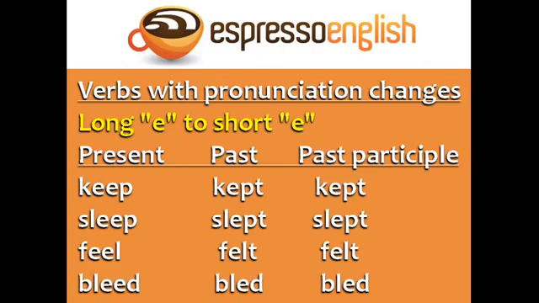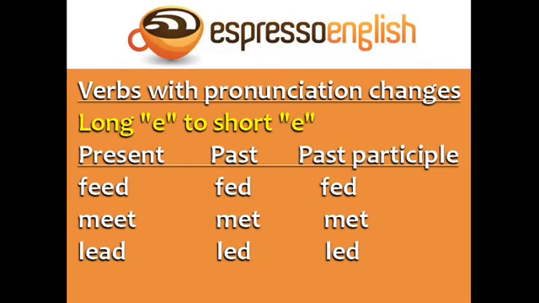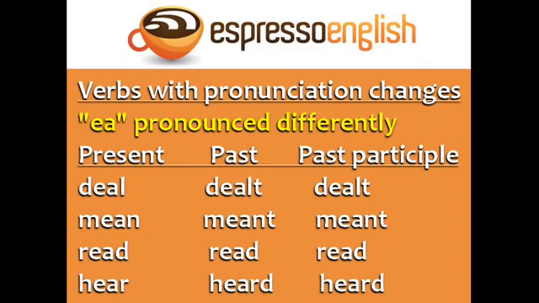Bleed, bled, bled. Feed, fed, fed. Meet, met, met. Lead, led, led. Another group has EA pronounced differently from the present to the past and past participle.